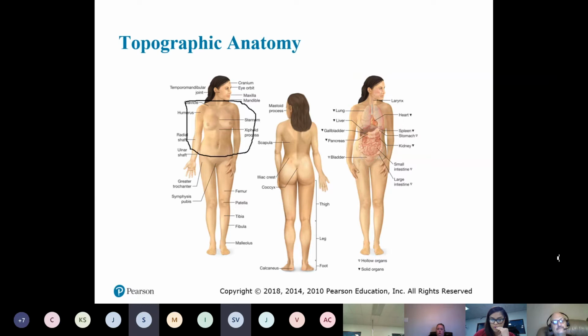The torso. That part, medial. Yeah, that's the torso or the thorax, right? Thorax. Yeah. So torso, torso.